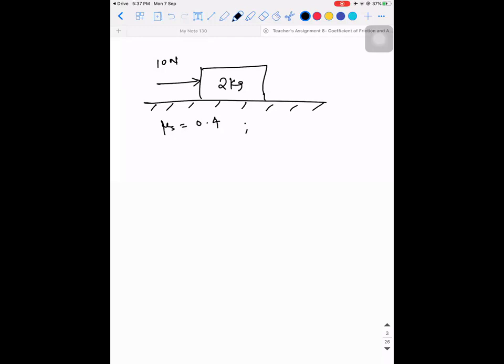So the value of mu k should have been 0.2. Okay, this is the right question. So when you're reading a question, be careful. If mu s is less than mu k, the question itself is wrong. Mu k will be 0.2. Understood? Now they will ask, what is the acceleration of the block?